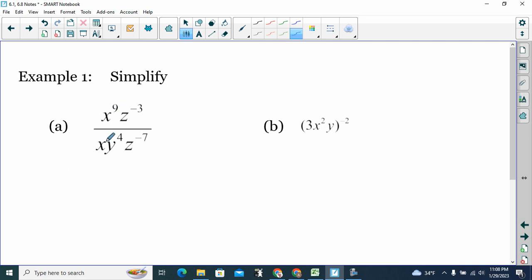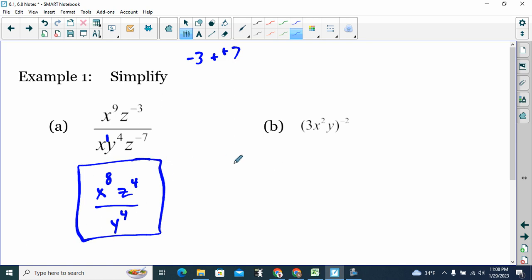So the x is 9 minus, that's understood to be a 1, so that would be x to the 8th. Z's, I have negative 3 minus negative 7 is 4. And I don't have anything to combine the y to the 4th with. It was on the bottom, so it should just stay on the bottom. X to the 8th, z to the 4th over y to the 4th.